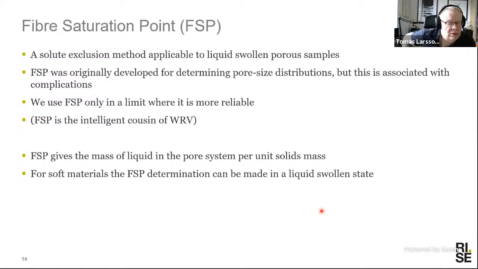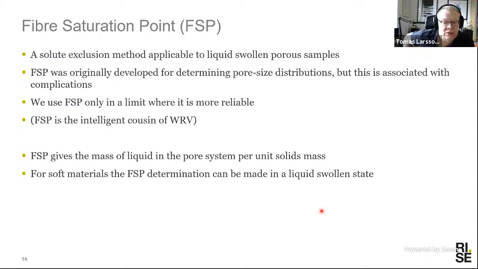And the great advantage of this method, I would say, is that you determine essentially the mass of liquid trapped per mass of solid, and you can do that in the water swollen state. The whole measurement is, of course, performed in the water swollen state.